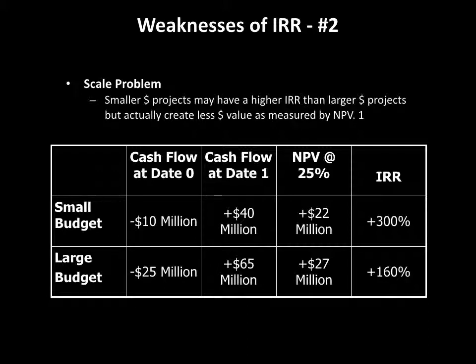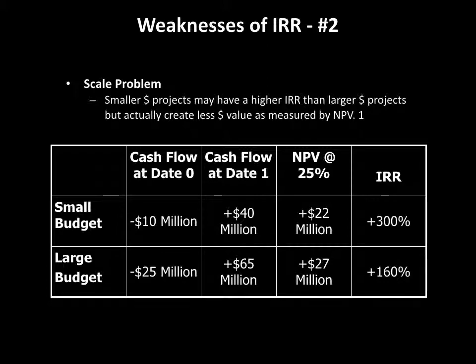Here's an example where we just look at 2 different potential investments, a small budget and large budget item. The small budget, we're going to invest $10 million. The larger, $25 million at the beginning. And we just assume that it's just a 1-year project and a 1-year return. The small budget, we get $40 million back in year 1. The large budget, we get $65 million back.